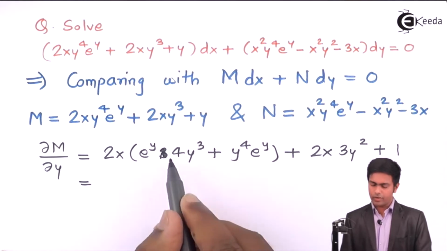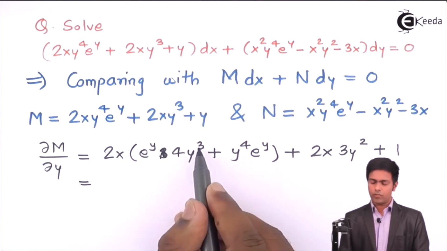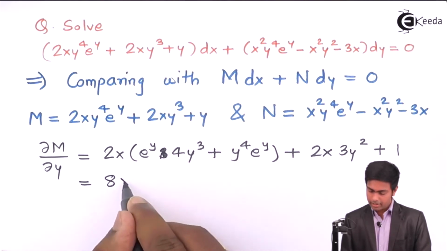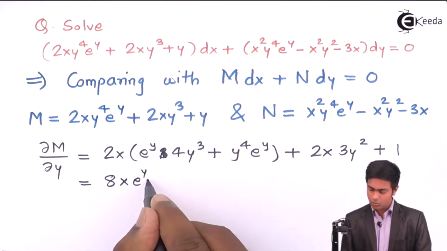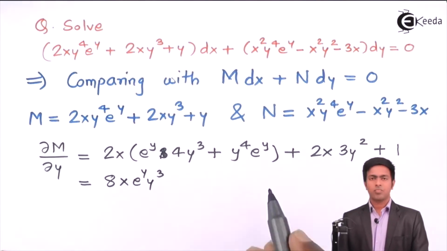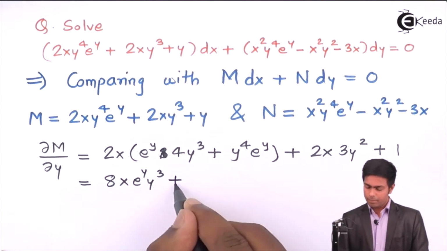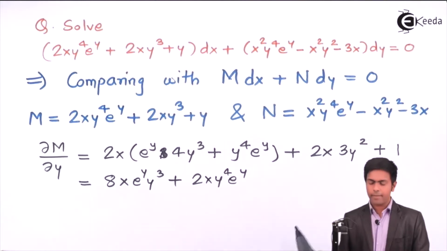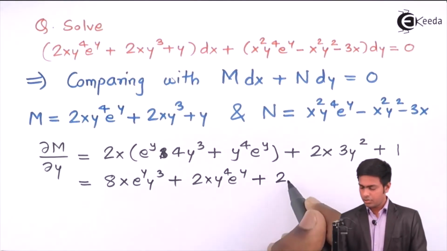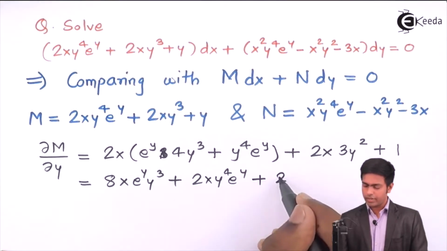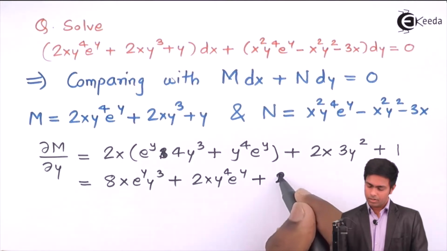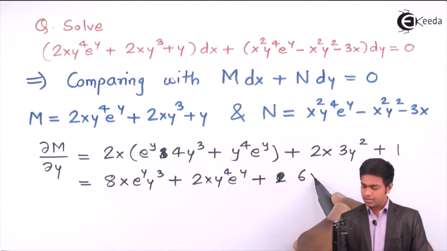So here we will get 4e^y y^3 into this 2x, that is 8x y^3 e^y. Next, here we will get plus 2x y^4 e^y. This is plus 2 into 3, that is 6x y^2 plus 1.